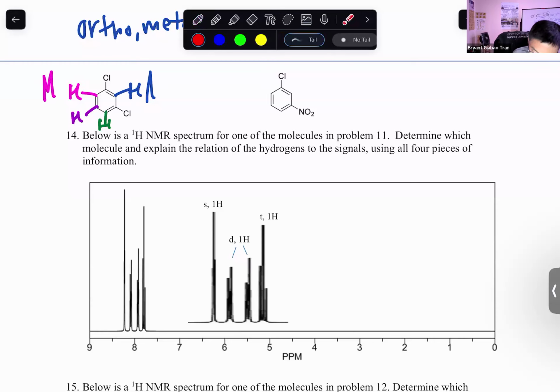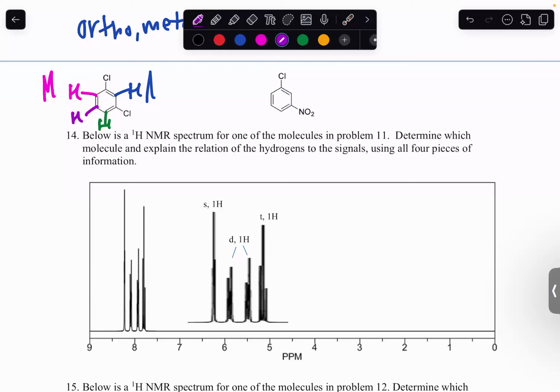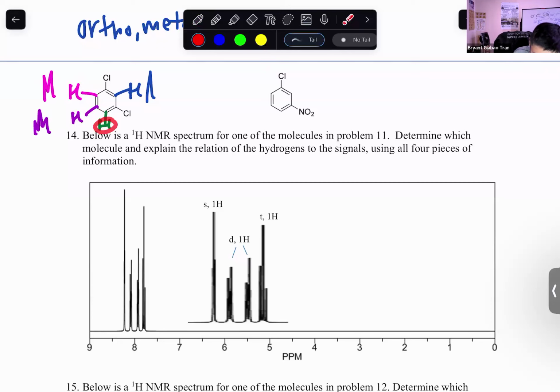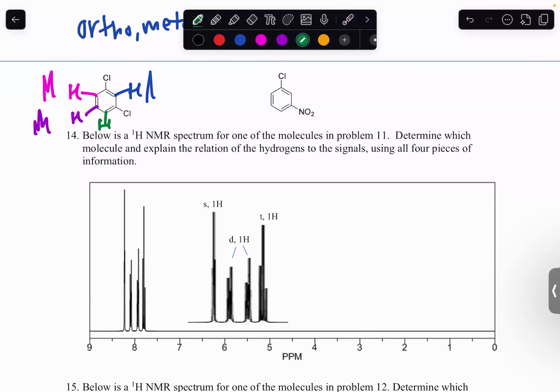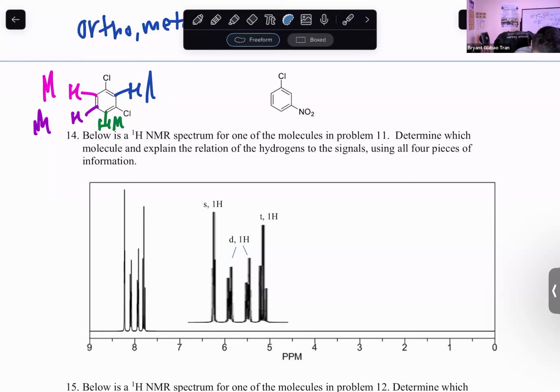Nice. Purple hydrogen? The purple hydrogen here will have 2 neighbors, the pink hydrogen and the green hydrogen. So it would be a triplet. Nice. The green one? That'd be a doublet, only 1 neighbor. Correct.